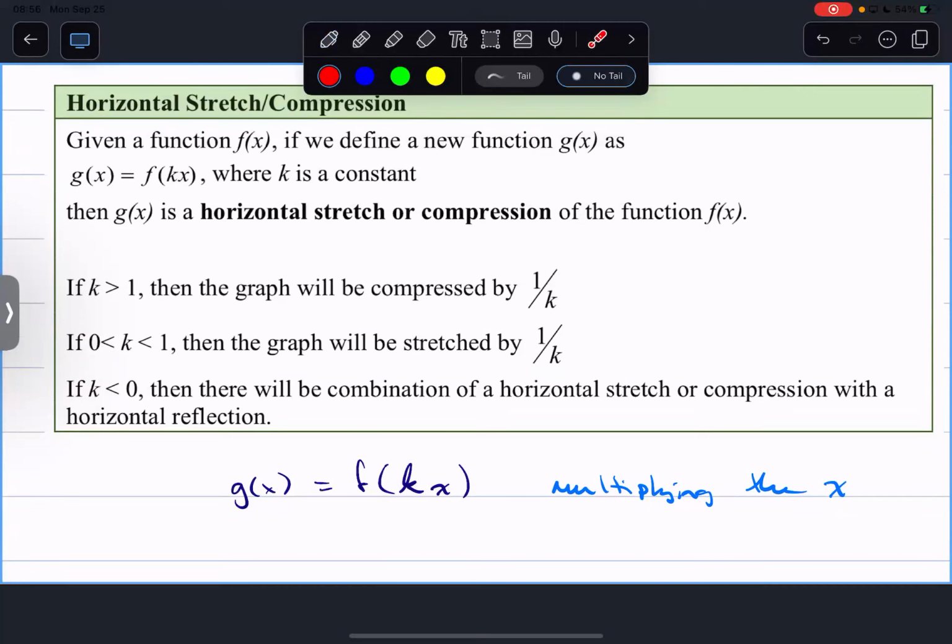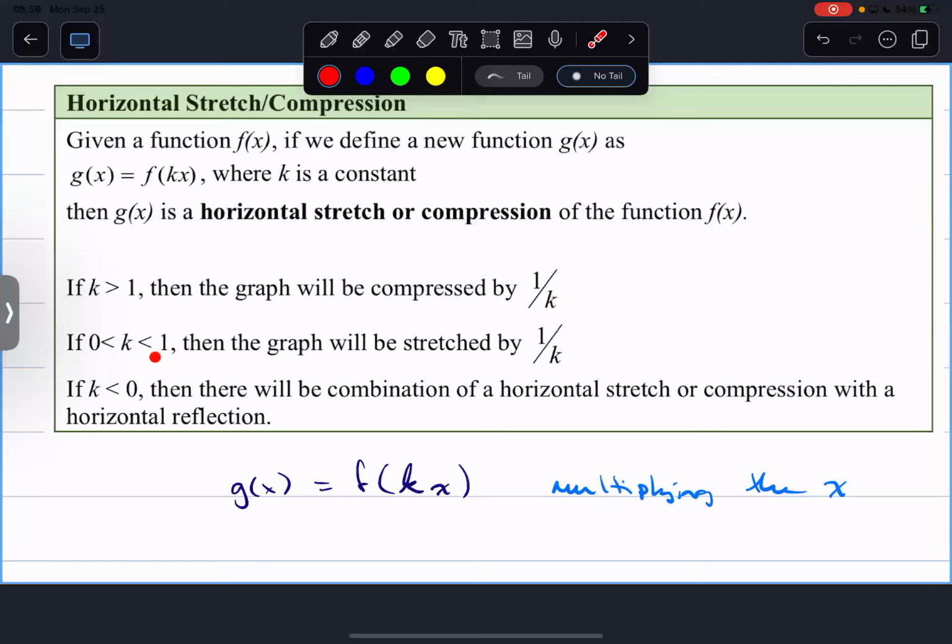If k is greater than 1, then the graph is going to be compressed by 1 over k. So if k is greater than 1, let's pick a value 2, then it's going to be compressed by 1/2. Okay.